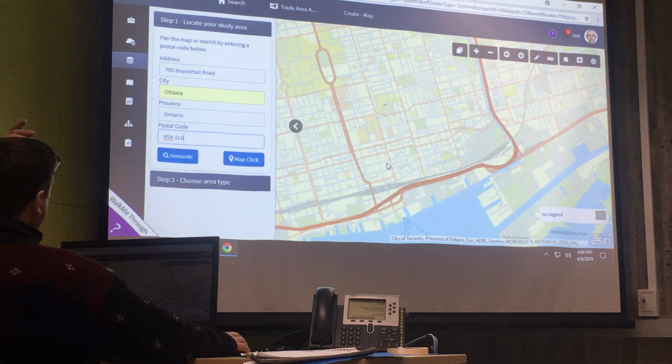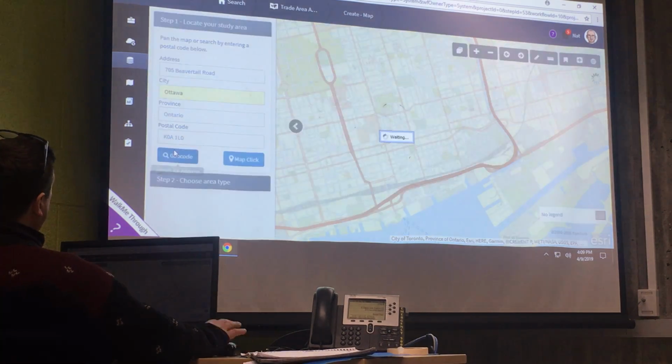So this is instead of map click, this is geocode.